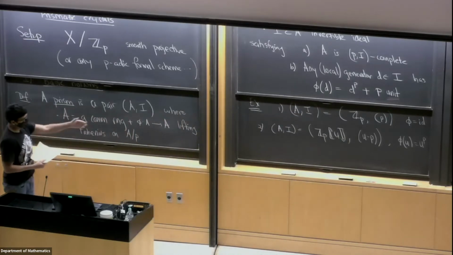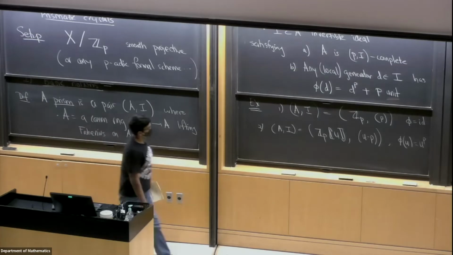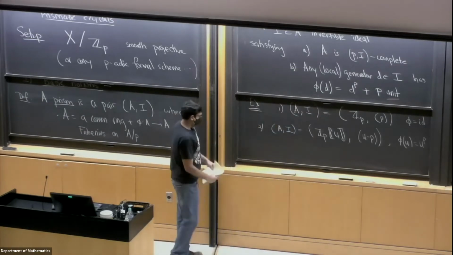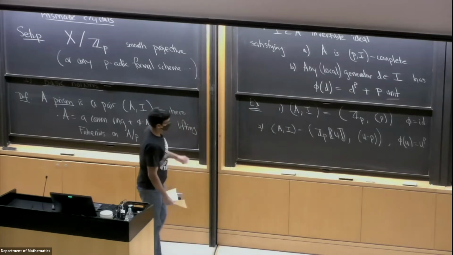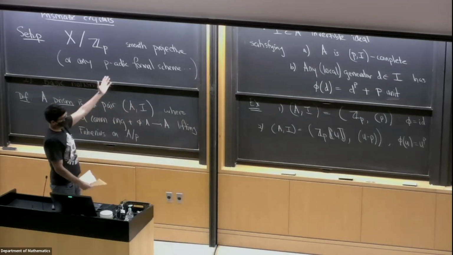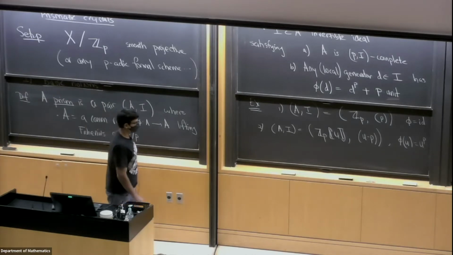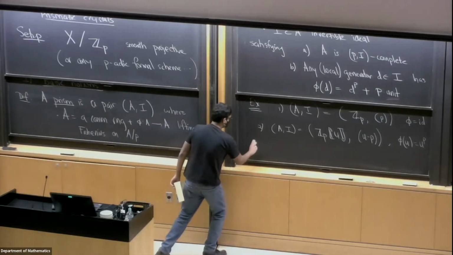So taking d equals u minus p, you get a unit when you write out phi of d, like so. So this is the prism that corresponds to the cohomology theory that was mentioned in last time's talk, this kind of theory that interpolates between singular cohomology and de Rham cohomology with mod p coefficients.